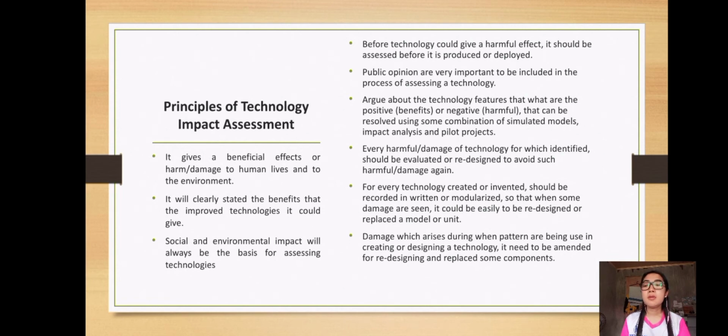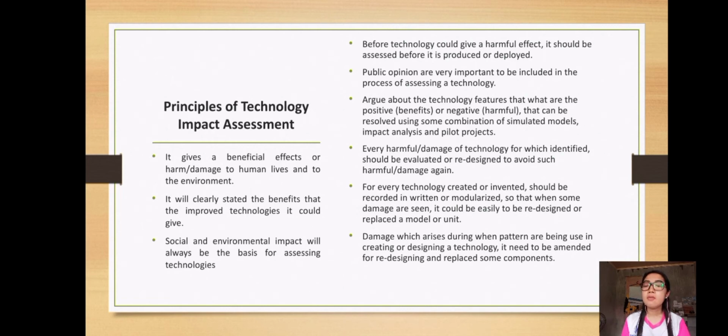Fifth, public opinion is very important to be included in the process of assessing a technology. Sixth, argue about the technology features, what are the positives or negatives that can be resolved using some combination of simulated models, impact analysis, and pilot projects.